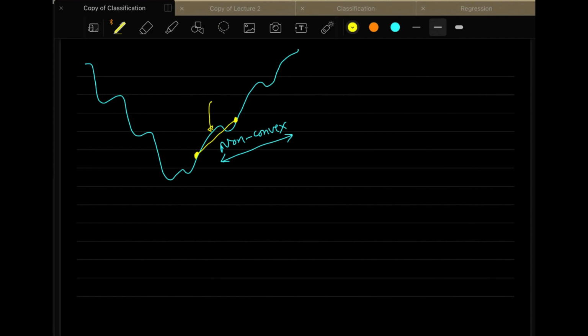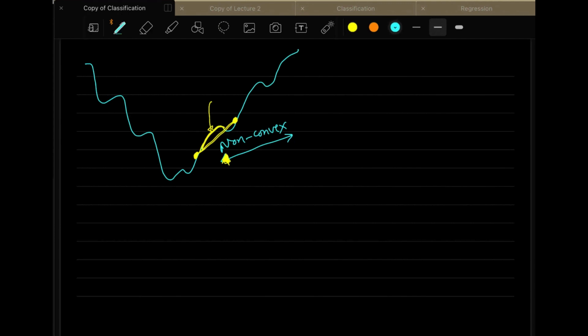In the case of convex functions, the function should be below the yellow line which you are drawing between the two points. As you can see here, this particular part of the graph is going above the yellow line. So that's why this is a non-convex function, as it is going against the definition of convex.